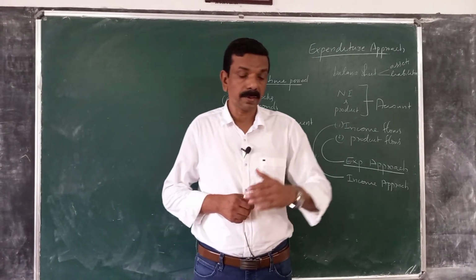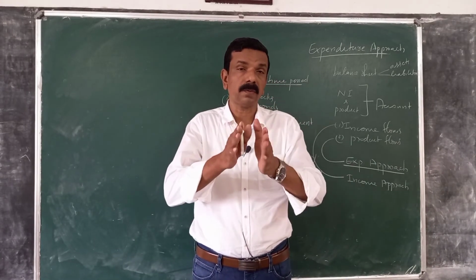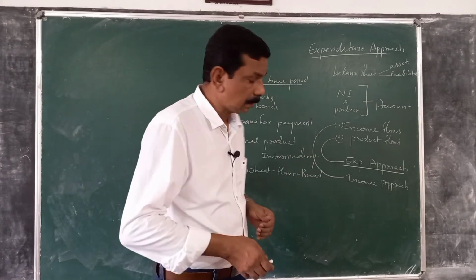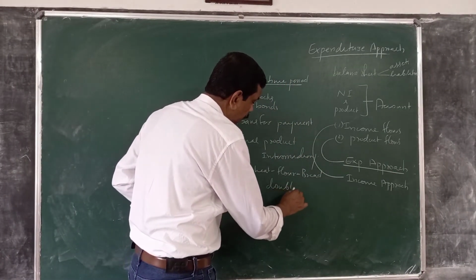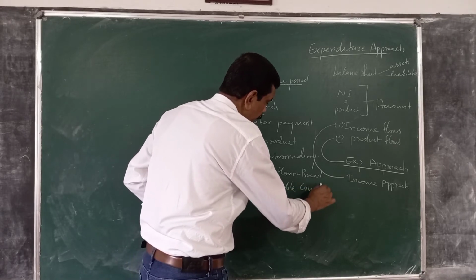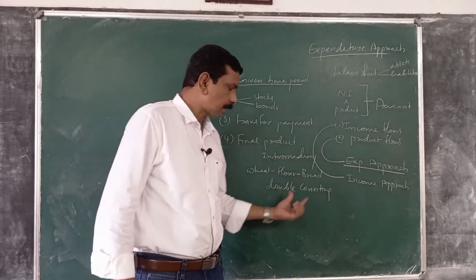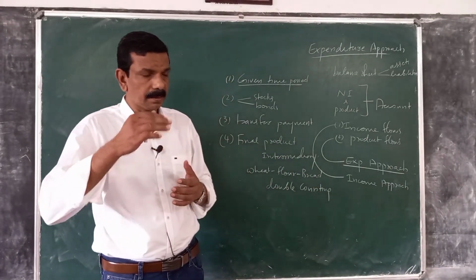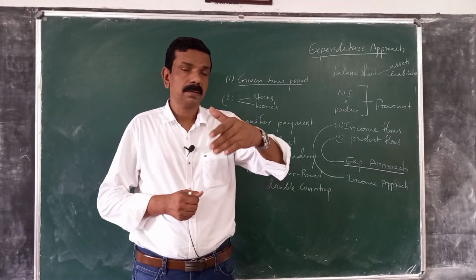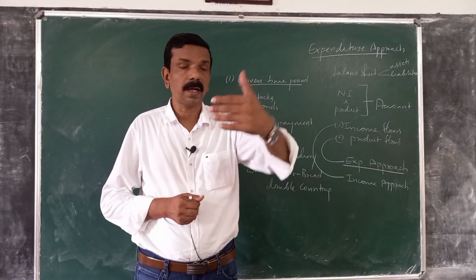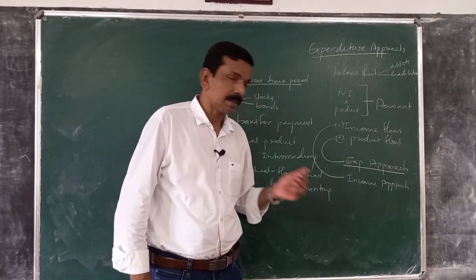So we include only expenditure on final goods. This is to avoid a problem known as double counting. So the method used for calculating national income to avoid the problem of double counting is either we use the value added method or we use the final goods method.